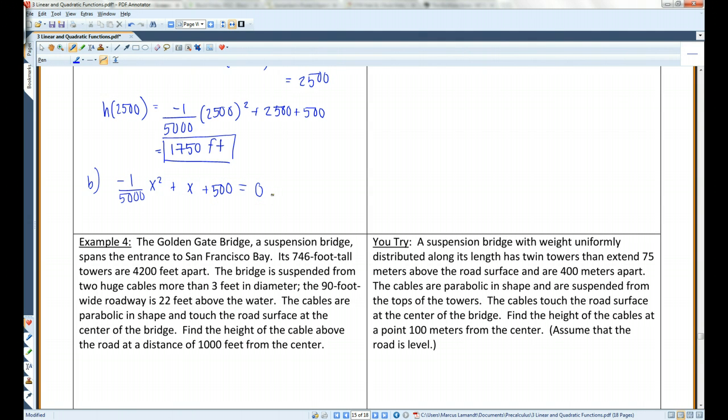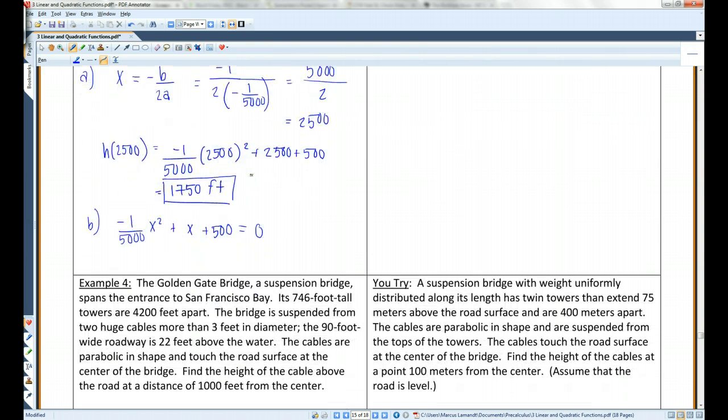I'm just going to use the quadratic formula. Negative b plus minus the square root of b squared minus 4 times a times c, all over 2 times a. And I trust that you guys can all make this calculation.